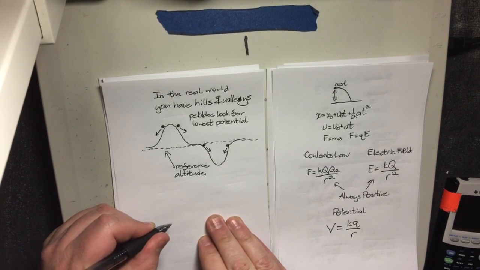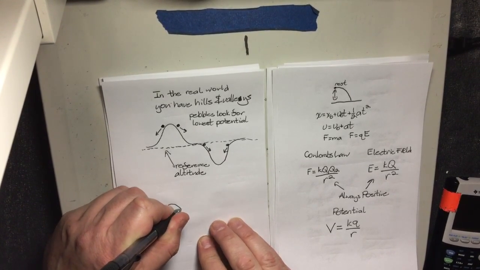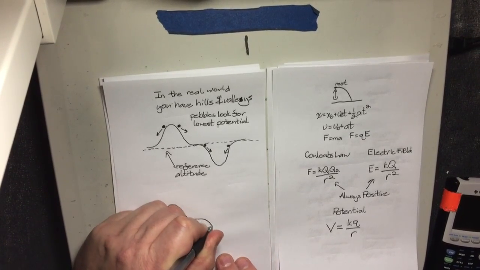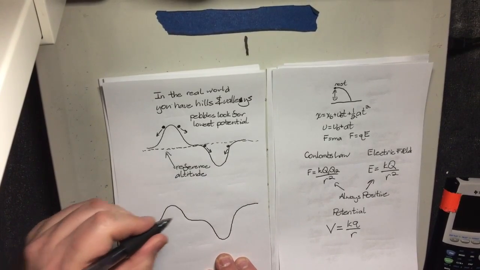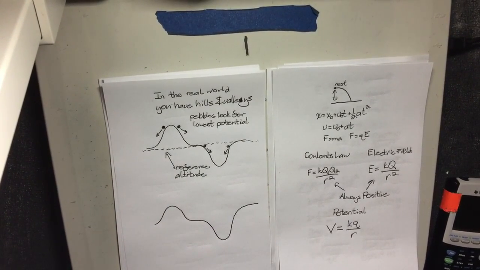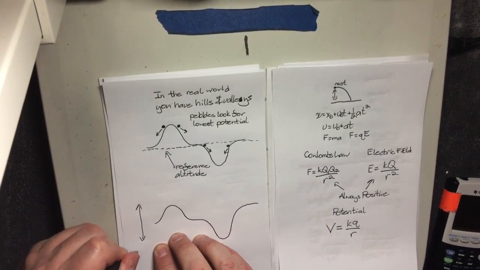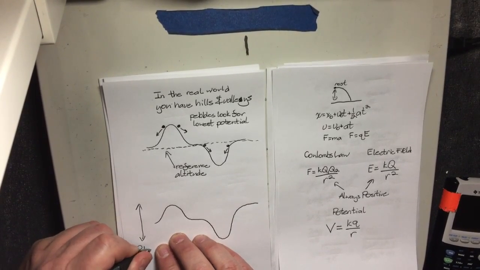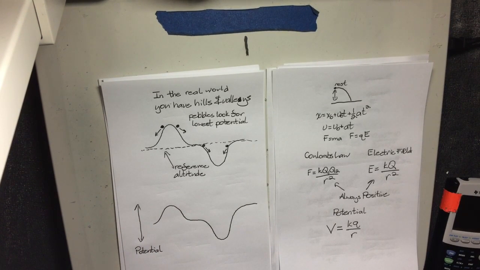Now, the analogy that I used, I'm going to draw this, and the vertical is potential. And this is where you've got to have an open mind.